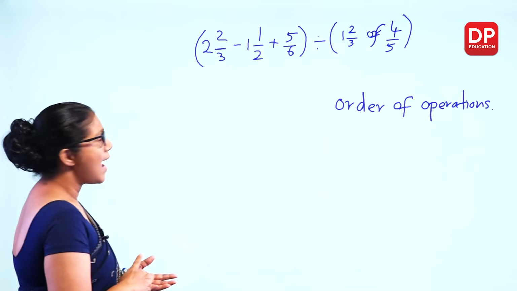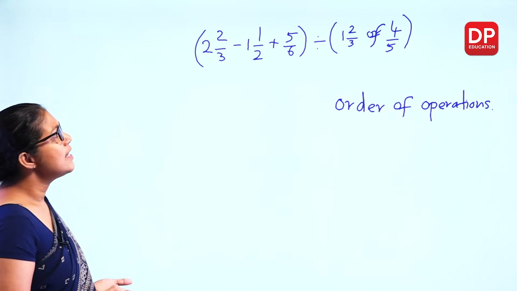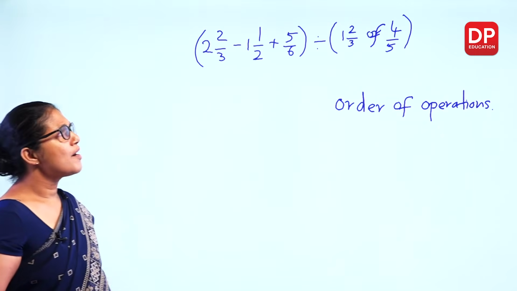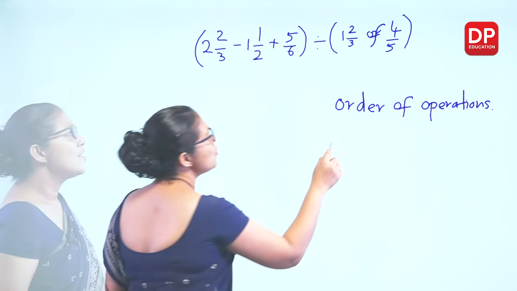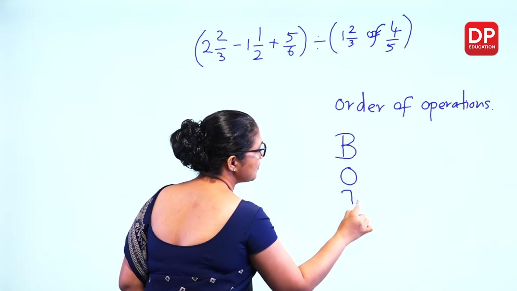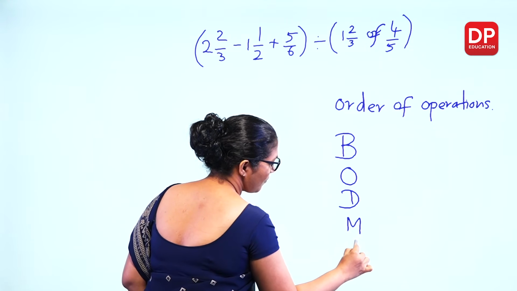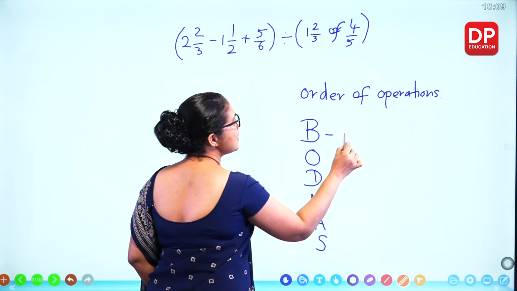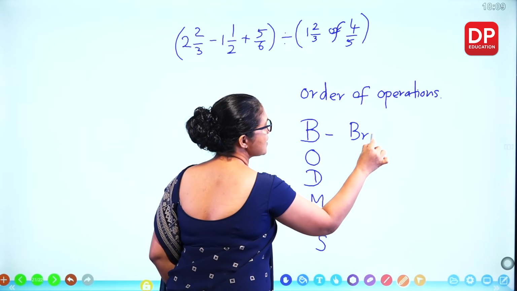Okay, so you have addition, subtraction, division, and 'of' means multiplication. Which one should we do first? Do you remember this method? BODMAS. So what does BODMAS mean? B stands for brackets.